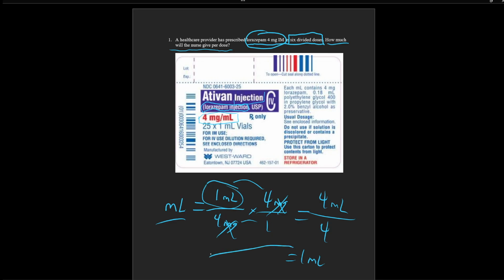I'm going to take that over here. 1 milliliter divided by 6 doses. Sorry for my handwriting. I'm writing on a new tablet, and it's a little bit weird. But we get 1 over 6, which is 0.177, I think. Maybe. I need a calculator.